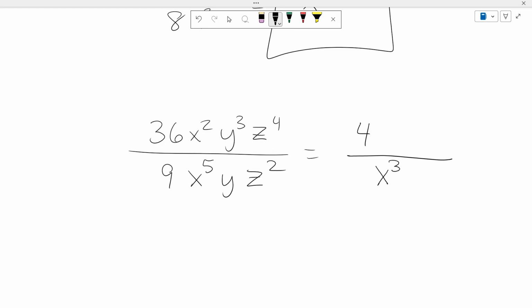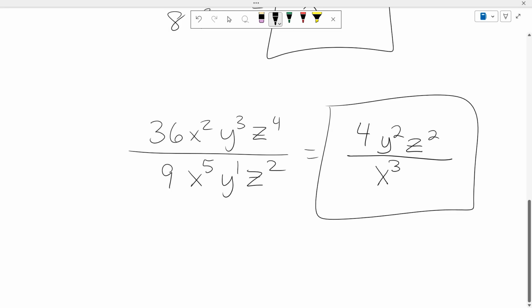Where's the higher power of y? On the top. What's 3 minus 1? 2. Where's the higher power of z? What's 4 minus 2? 2. Light work. There we go.